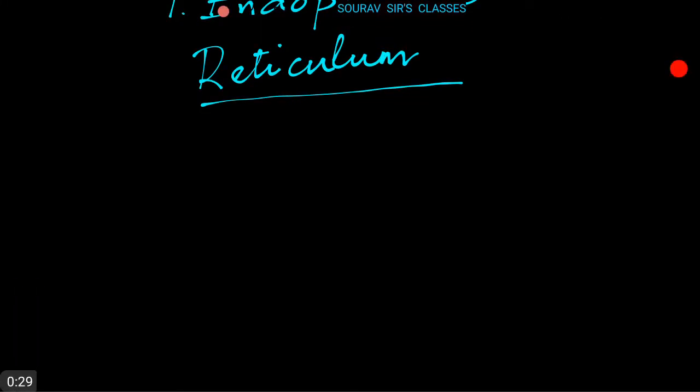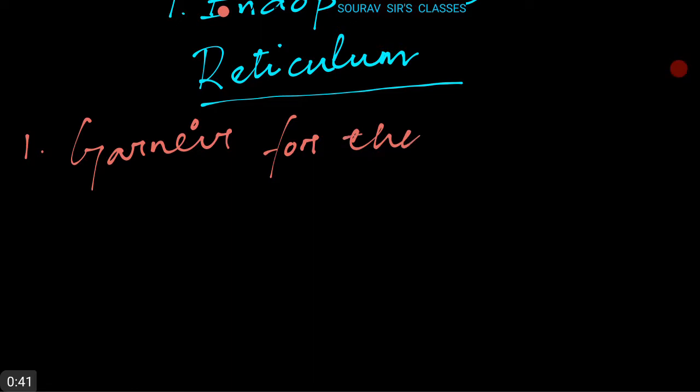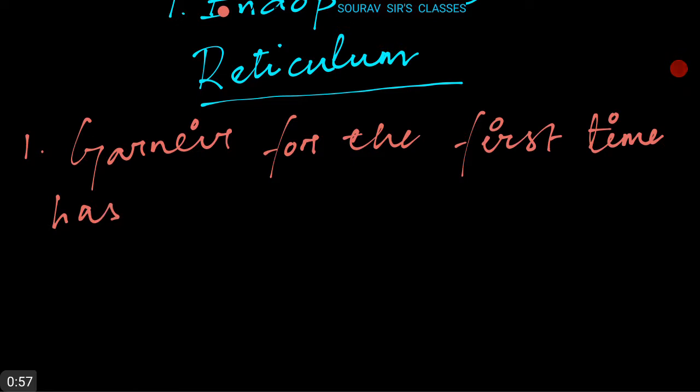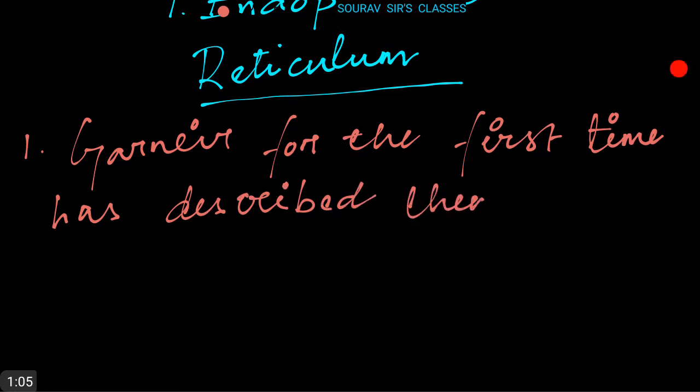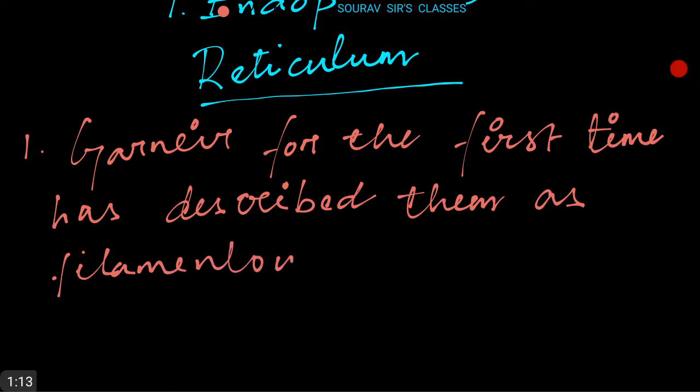The first point is that Garnier, for the first time, had described them as filamentous structure, which is known as ergastoplasm.